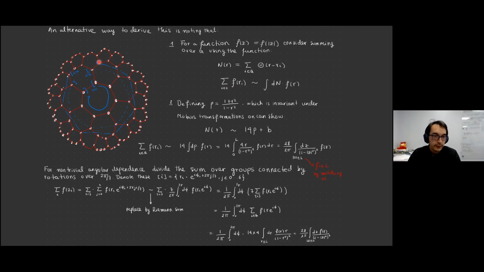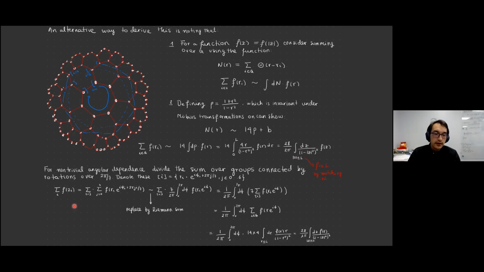One of the things is that they are at the same separation from the origin, so they will have the same radius. So if you take a function that is independent of the angles, this sum just splits into 7 times the sum over each one of these groups. By defining this auxiliary variable, which is invariant under Mobius transformations, you can re-express this sum as this integral here. And again, L is fixed by matching the number of points.